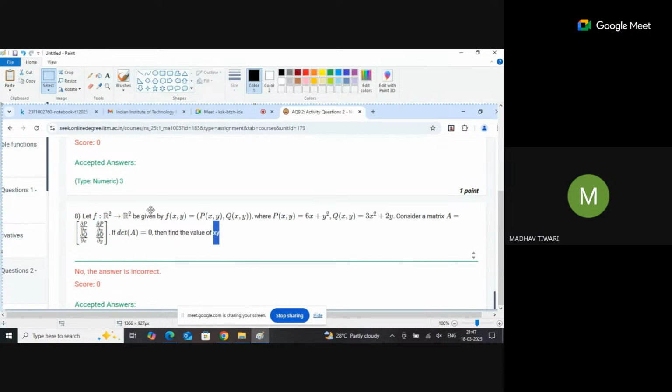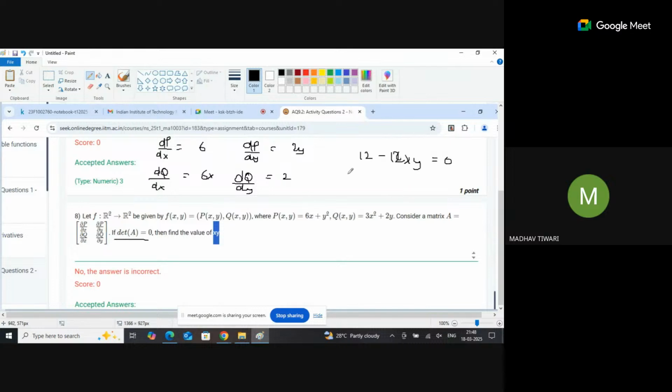So now I will find out again the derivatives. So dp by dx will be 6, dp by dy will be 2y, dq by dx will be 6x, dq by dy will be equal to 2. Okay. So if I find out the determinant, it will be 12 minus 12xy, and it is given determinant is 0.